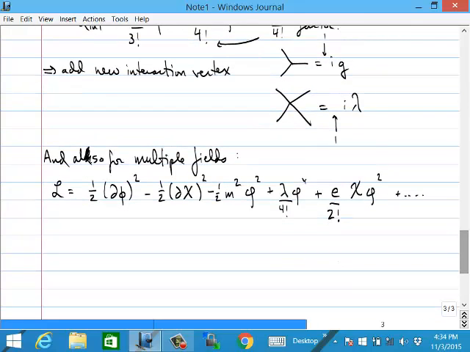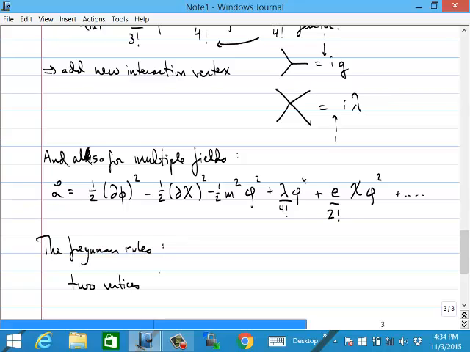In this case, you would have Feynman rules where instead of having just one type of particle that can propagate around in these diagrams, we have 2 kinds of particles.